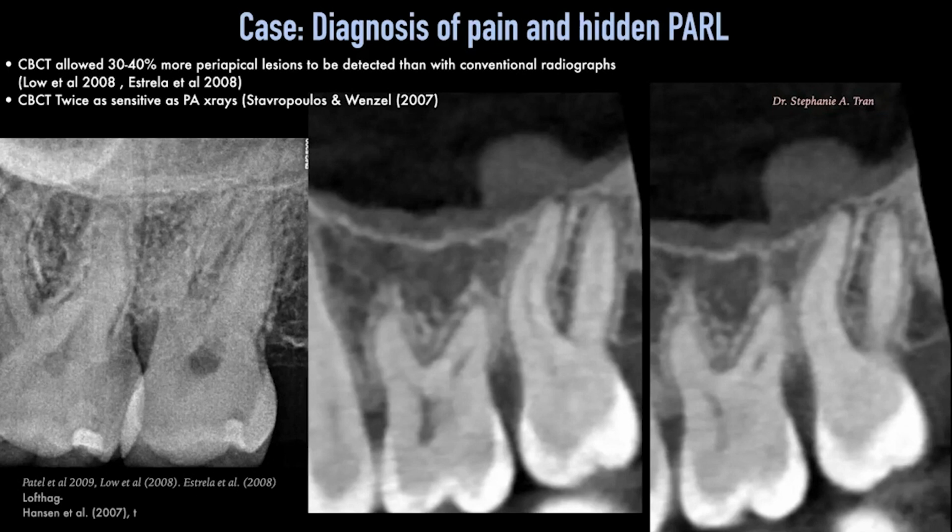Now, one of the things we talked about is that a CBCT reveals periapical radiolucencies far better than 2D radiographs. We know it can show at least 30 to 40% more periapical radiolucencies than 2D, and it's often twice as sensitive as periapical x-rays.